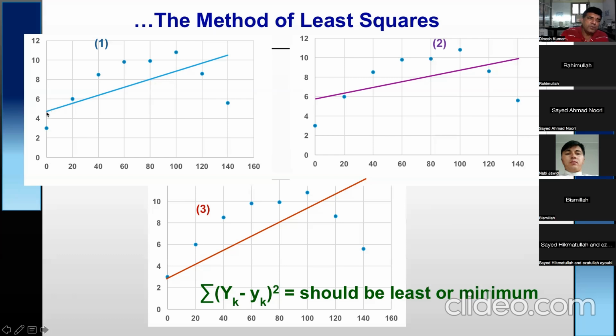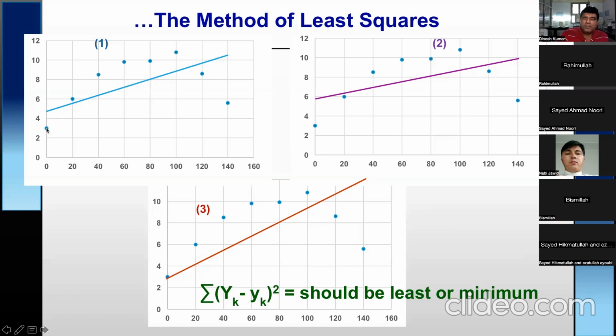So what you can do is, this is the line, and this is the predicted line, and this is the actual data. So actual data minus predicted data. Suppose this is 3 and this may be 4.8.